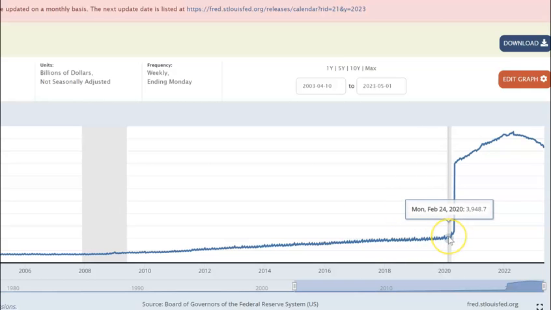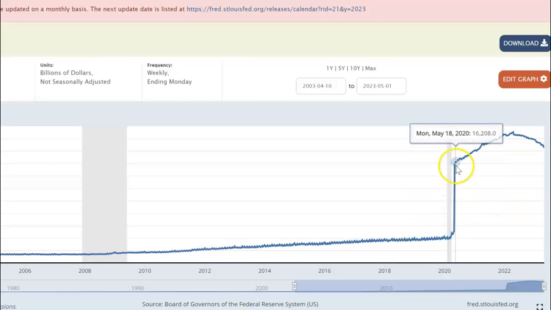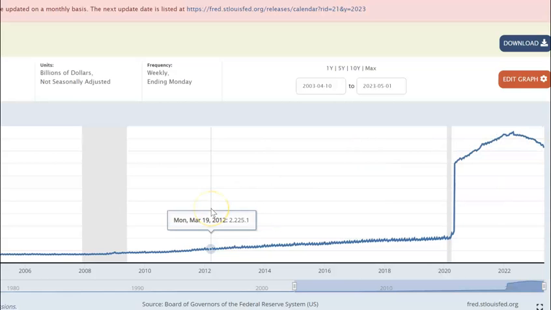And then around the pandemic, a lot of money was given to people in order to spur consumption. So M1 went up to $15.9 trillion by May of 2020, and then it continued to increase to $20.9 trillion by April of 2022. And then it started to fall. By April of 2023, it fell to $18.9 trillion. And so this is M1.